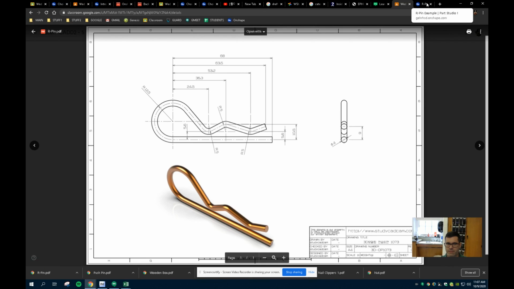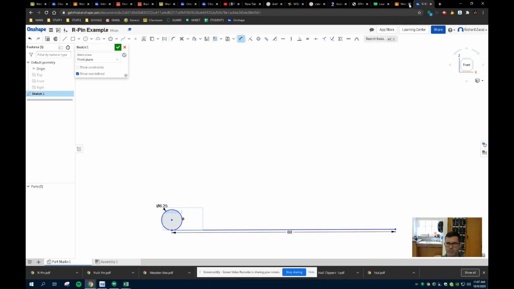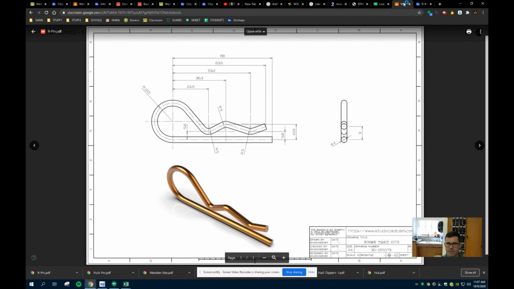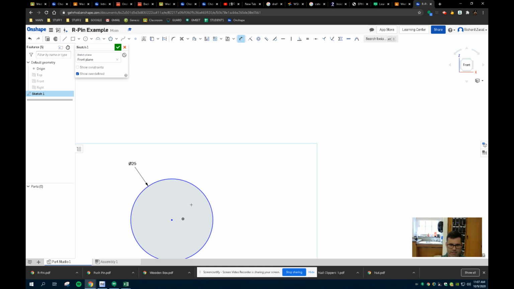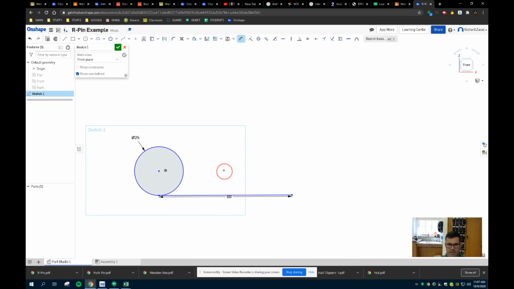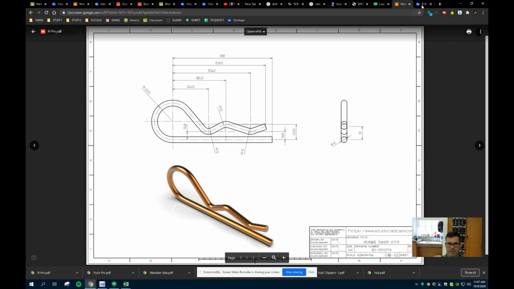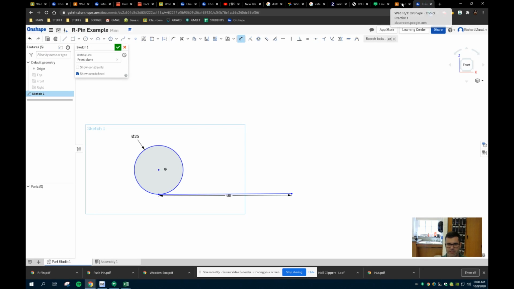It's not looking right so far. Looks like that is way too small. 68, radius of 12.5. Oh, my math is stupid. Not divided by 2. Times 2, right? Now that looks better. It only does math correctly if you enter in the right thing.